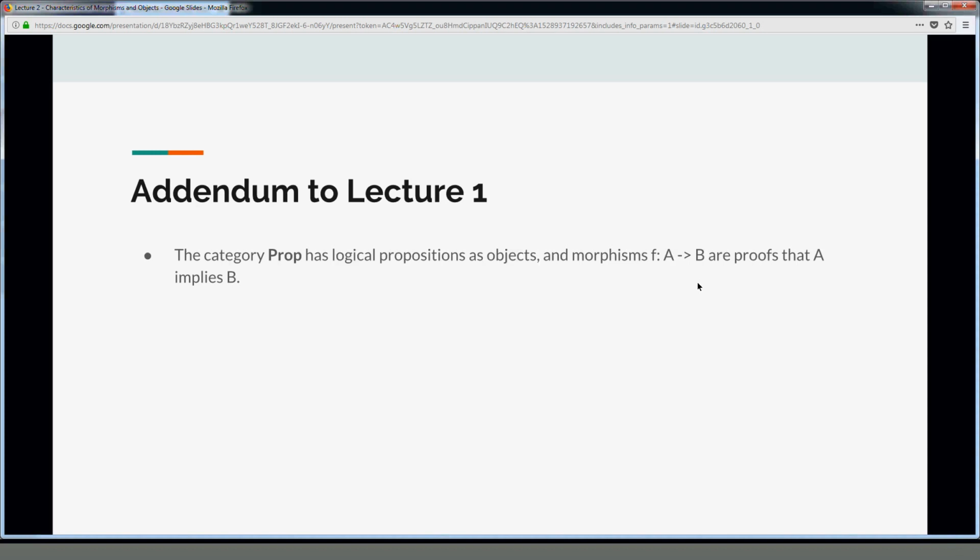One of the examples of categories would be the category Prop. This is actually pretty important when you're considering the Curry-Howard isomorphism, for instance, which basically states that simply typed lambda calculus is essentially equivalent to propositional logic.